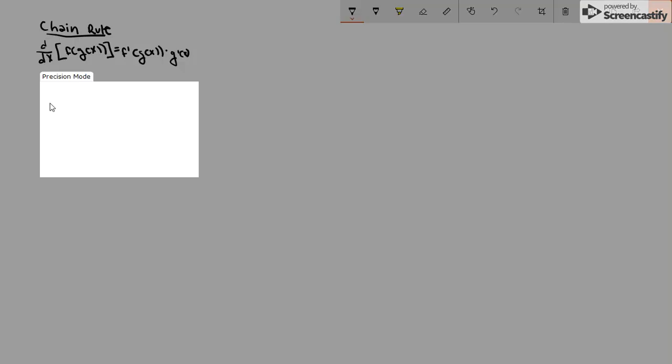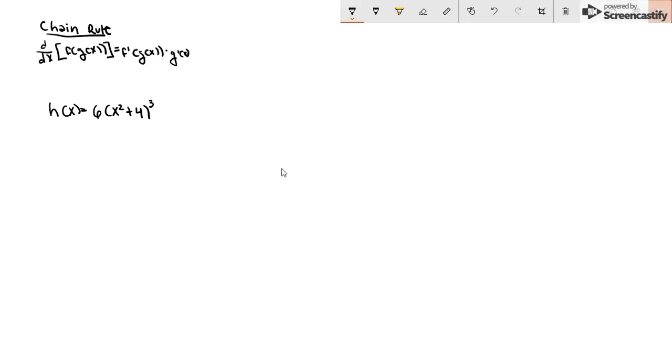So let's say we have a function h of x is equal to 6 times x squared plus 4, to the third power, right? So instead of using g of x and f of x, I like to use u because it just makes things a lot easier and there's less confusion.